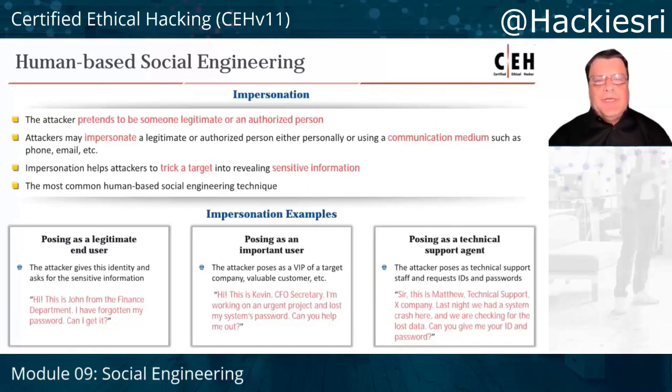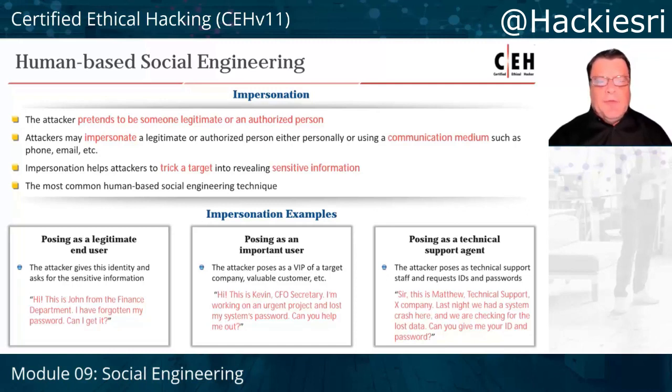Human-based social engineering: impersonation. The attacker pretends to be someone legitimate or an authorized person or an authority figure. Attackers may impersonate a legitimate or authorized person either personally or using a communication medium such as a phone, email, etc. Impersonation helps attackers to trick a target into revealing sensitive information.